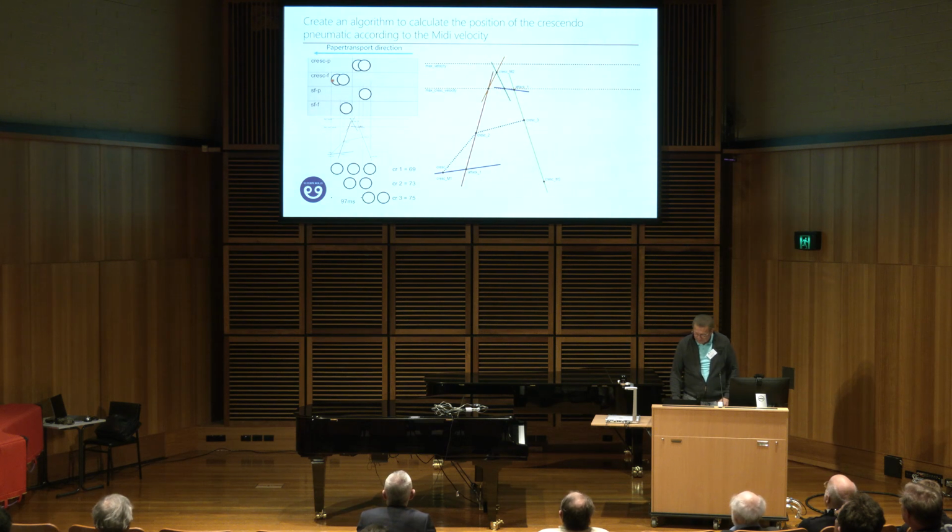The purple line in the image shows how the crescendo slowly grows, and that's the slow crescendo forte. To reach crescendo 2, a sforzando forte hole must be started at the right moment so that the pneumatics are exactly in the right position to reach the velocity of 73 when the note CR2 is struck.